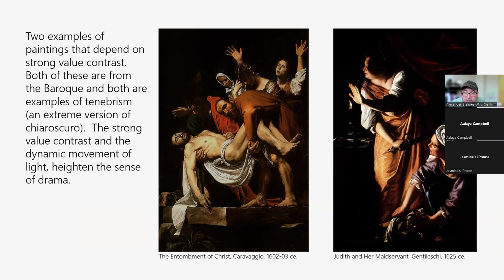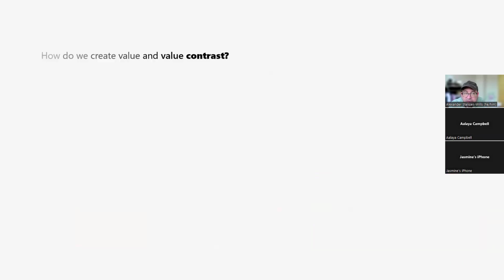So once again, we start with the Baroque. The Baroque leads to tenebrism. That leads to us talking about value. So how do we create value and value contrast? Well, if you look at my text right there, I'm creating value and value contrast in two different ways, right? One way is that the text is getting thicker, going from a thin type to a semi-fine to a regular, to a semi-bold to a bold, all in one typeface.